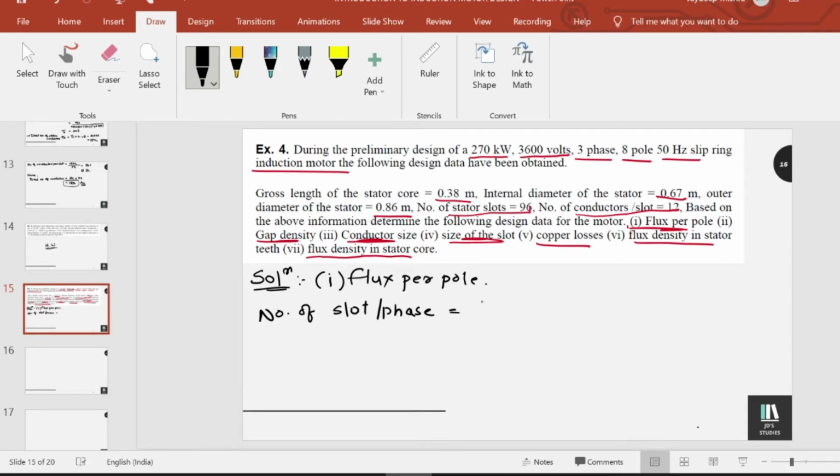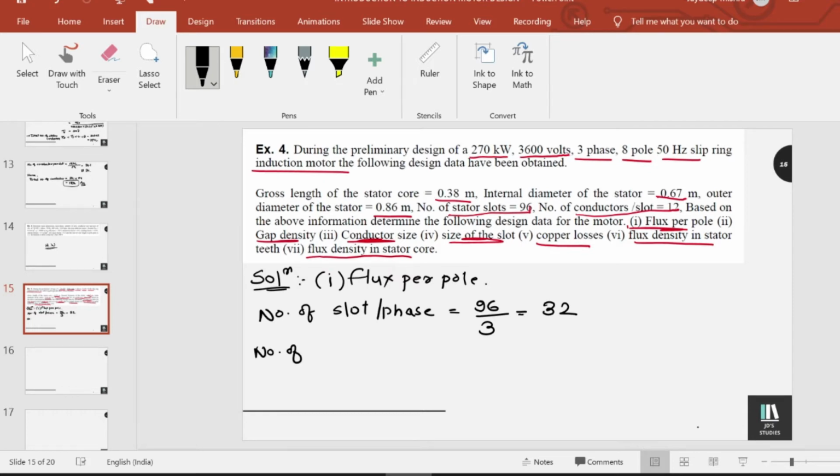We have 96 slots and a 3-phase motor, so the number of slots per phase is 32. Now we will find the number of turns per phase.